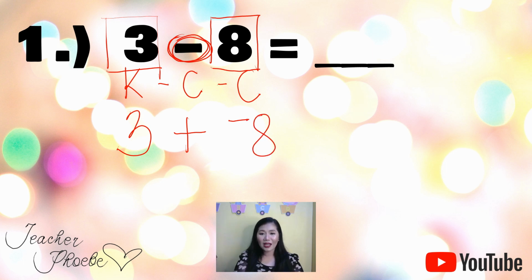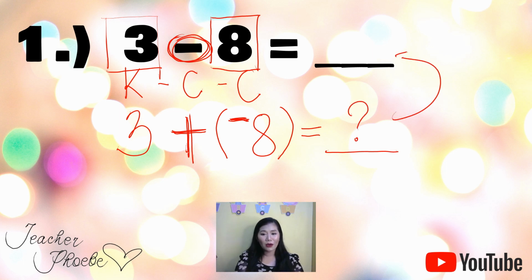Remember, last time I told you, kapag meron tayong plus dito, at yung kasunod ay negative, kinakailangan dapat we have to close it into parentheses para hindi tayo maguluhan. So, eto na ngayon yung hahanapin nating sagot. Kung ano yung sagot natin dito, yun ang sagot sa 3 minus 8.